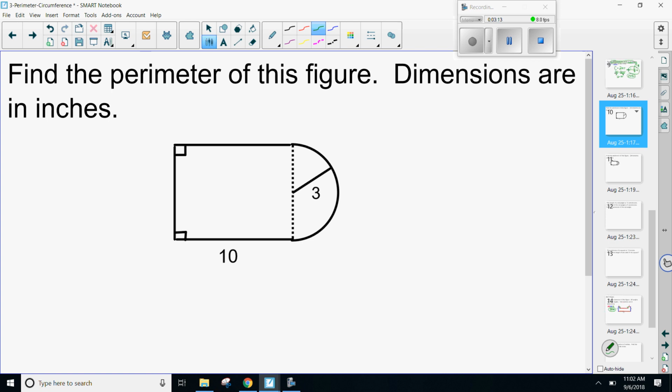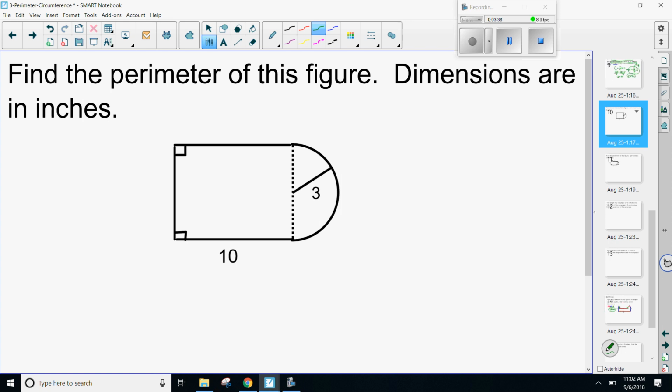You don't have to take 3.14 times 3 and say it's 9.42 and then add that to 26 to give you 35.42, but you could. I'm going to show you how to do it so we can leave it in terms of pi, and then I'll actually calculate it because some of you just really got to know what that number is.